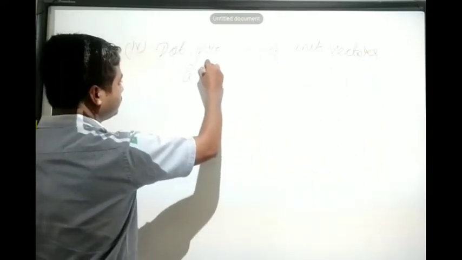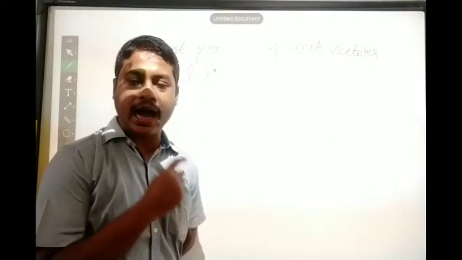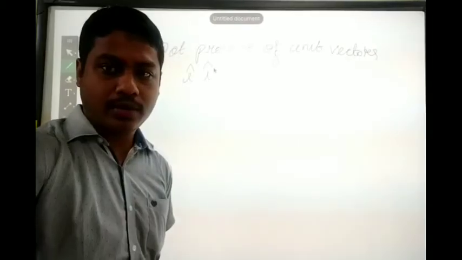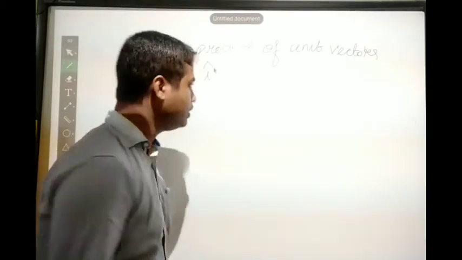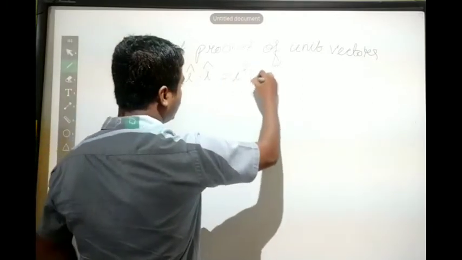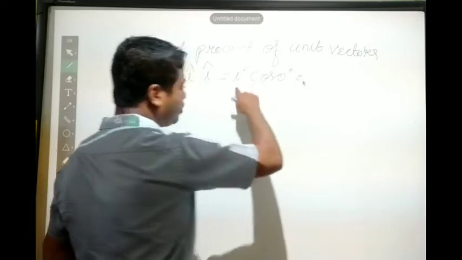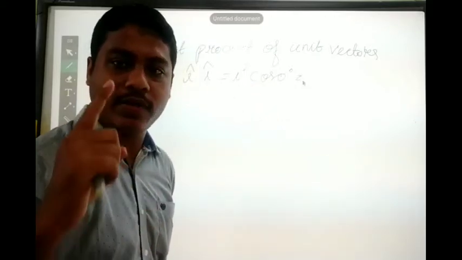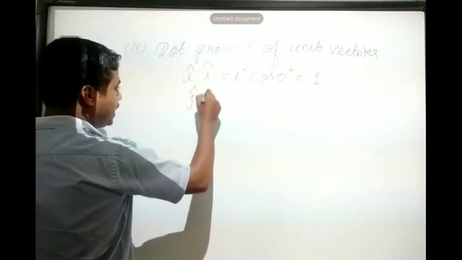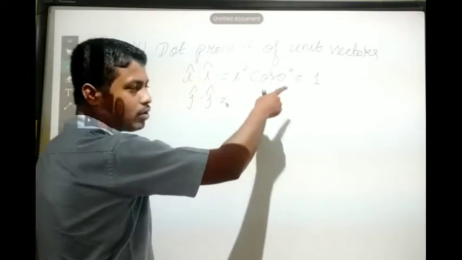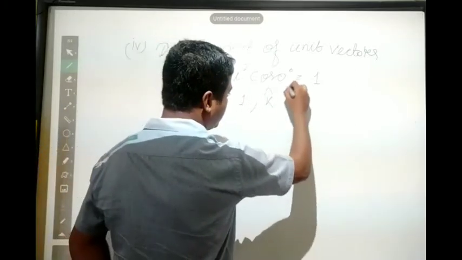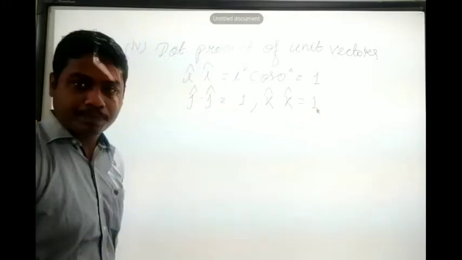I cap dot I cap: since both are directed along the same direction, along the x-axis, this will be I squared cos 0 degrees. Since this is a unit vector, it has a value of 1, so this will also be 1. Similarly, j cap dot j cap will be j squared cos 0 degrees, again equal to 1. Similarly, k cap dot k cap is also equal to 1.